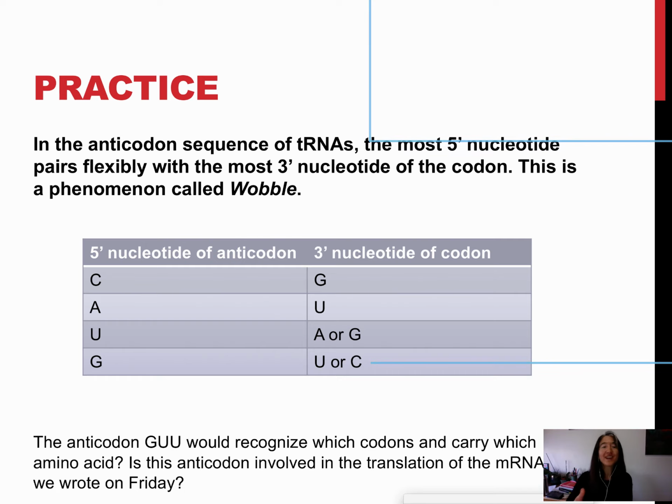So remember, we could see like 3 or 4 different codons that would encode for the same amino acid, and the one place they changed was in the most 3' position of the codon. Well, that means that the most 5' nucleotide of the anticodon must be something special. It must be flexible in its capacity to pair with the most 3' nucleotide of the codon.